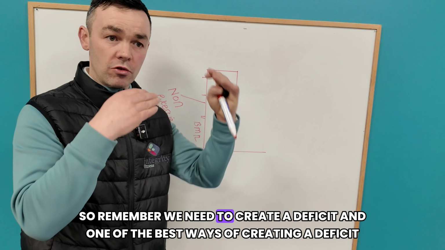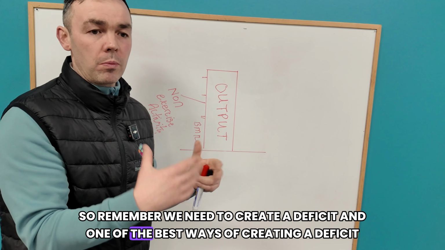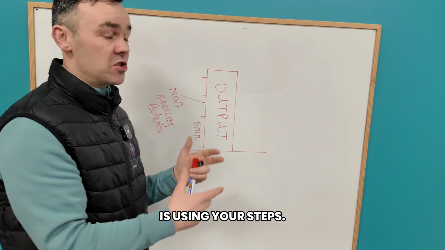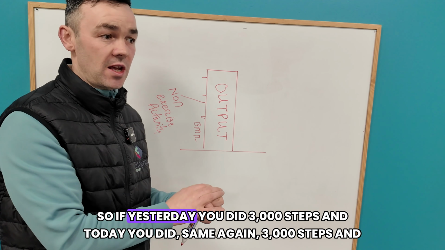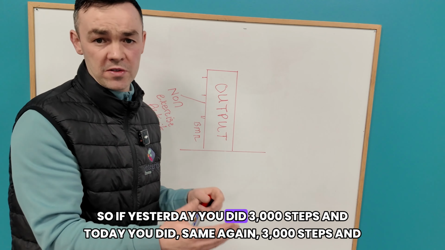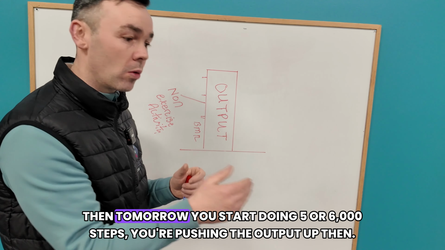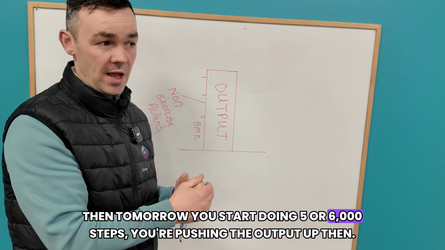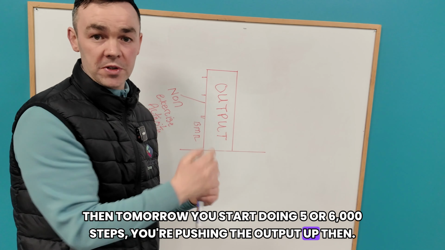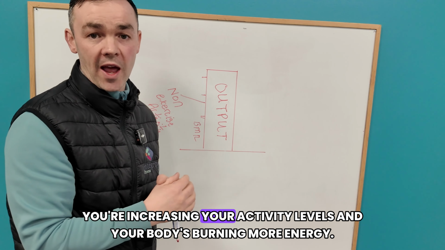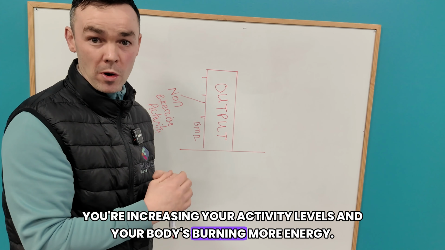Remember, we need to create a deficit, and one of the best ways of creating a deficit is using your steps. So if yesterday you did 3,000 steps, and today you did the same again, and then tomorrow you start doing 5,000 or 6,000 steps, you're pushing the output up. You're increasing your activity levels and your body's burning more energy.